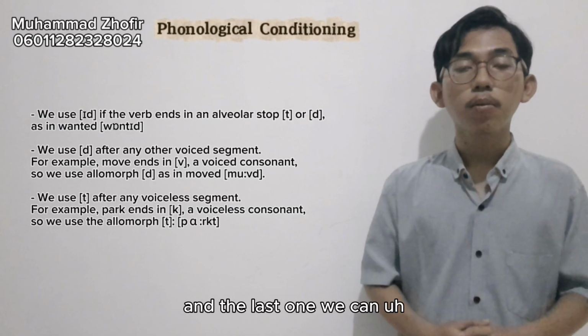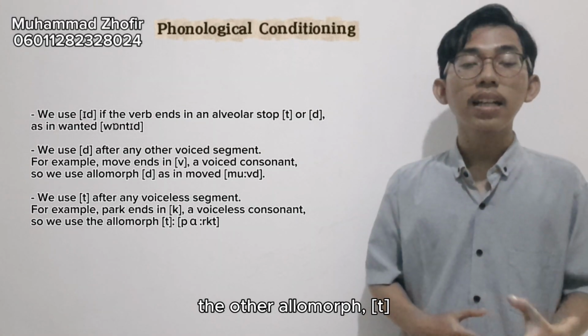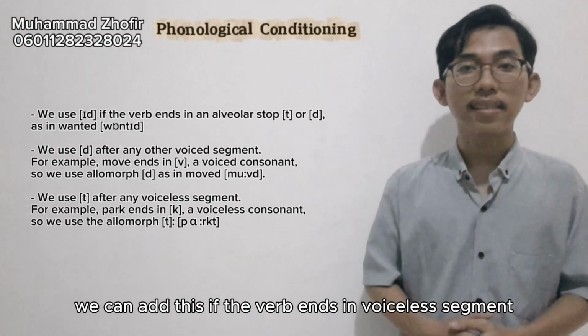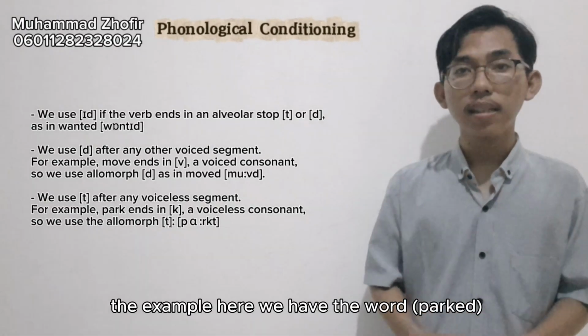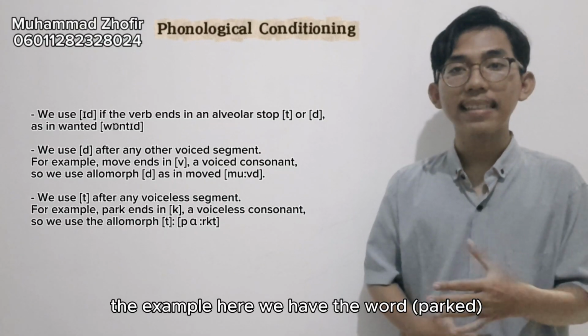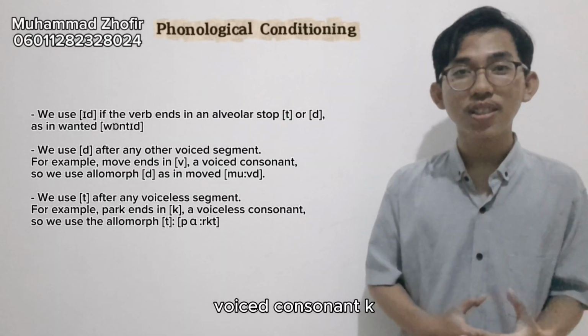The other allomorph is t. Okay, we can add this if the verb ends in a voiceless segment. Okay, the example here, we have the word park. Park ends with the voiceless consonant k.